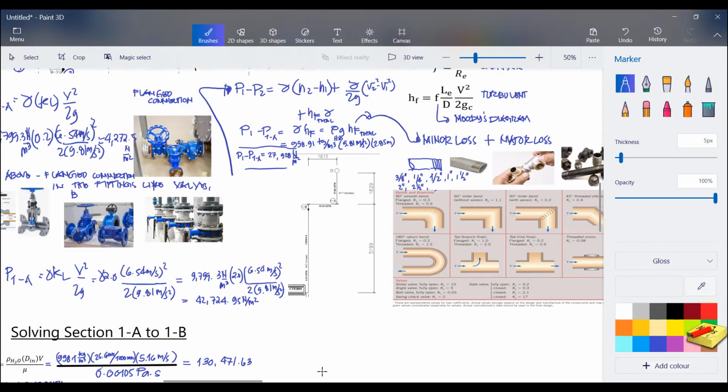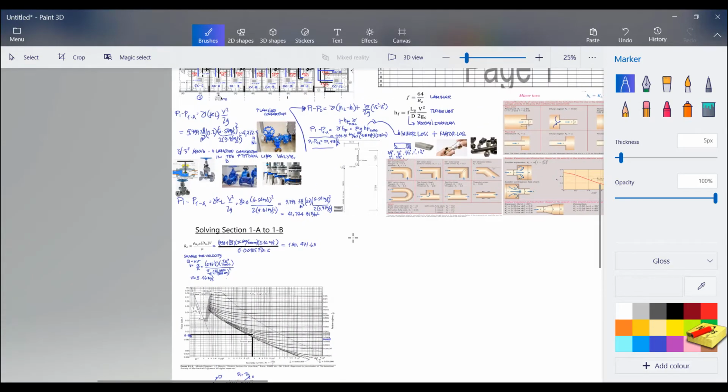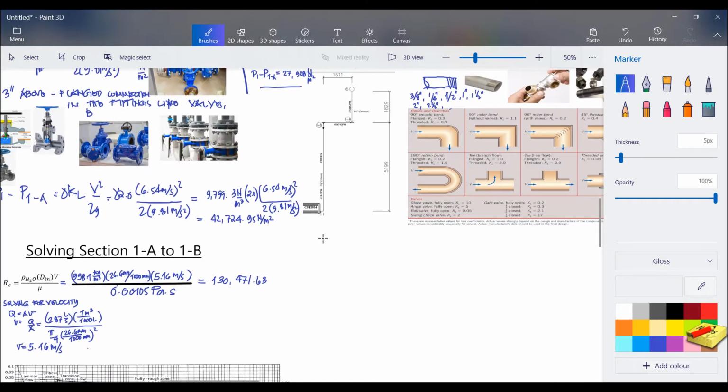So for that section, it will be P1-A, sorry, that is P1-11-A to P1-B. So that is equal to friction loss.